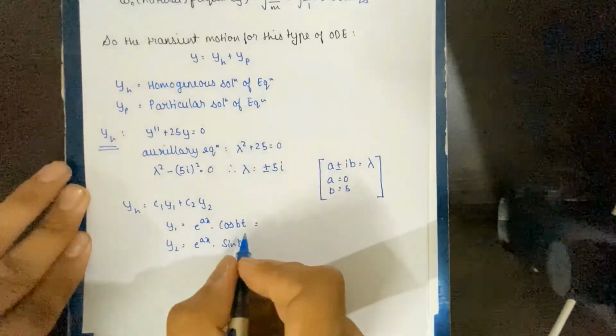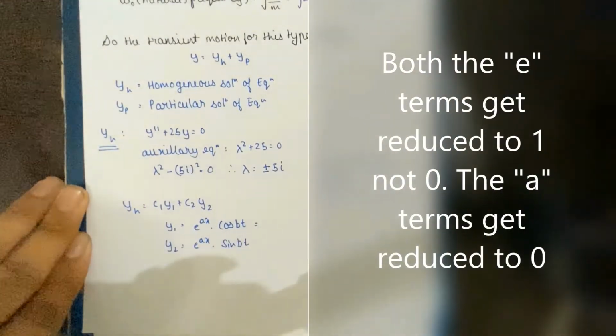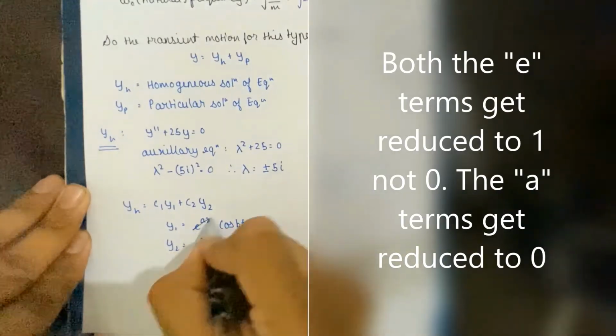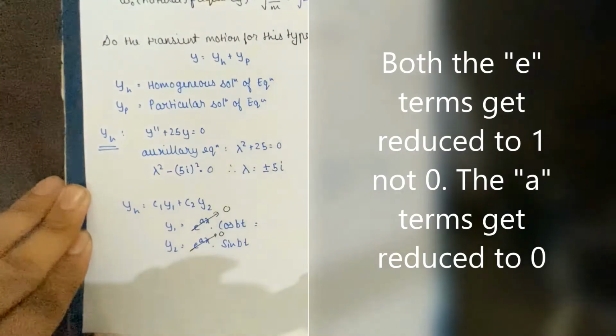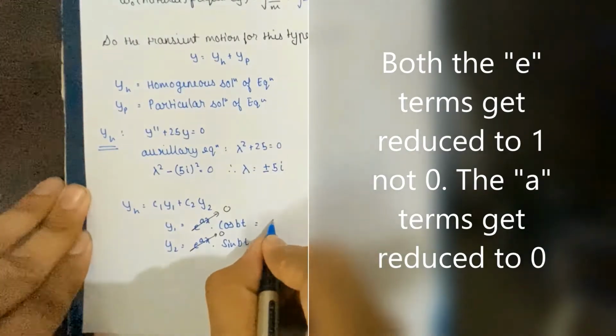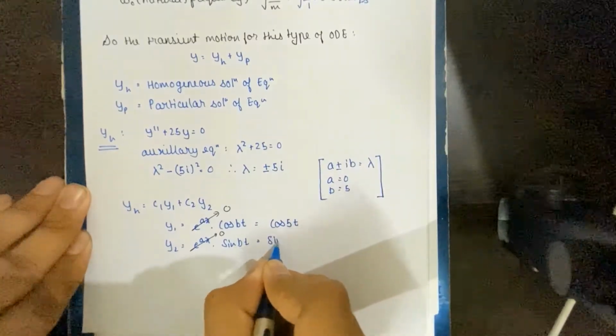So since a is 0, these exponential terms turn out to be 1. So b is 5, so y1 is basically cos 5t and y2 is sin 5t.